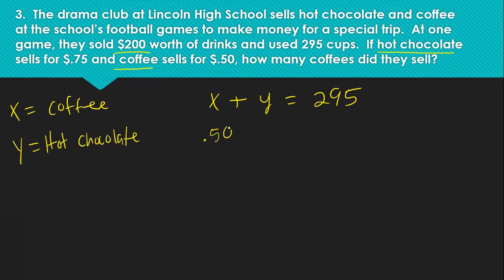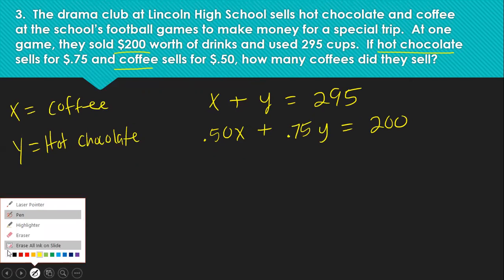So 50 cents for coffee, 75 cents for hot chocolate, and they made $200. How do we feel about reading and setting up? Good? So at this point, it wants us to solve for coffee only.